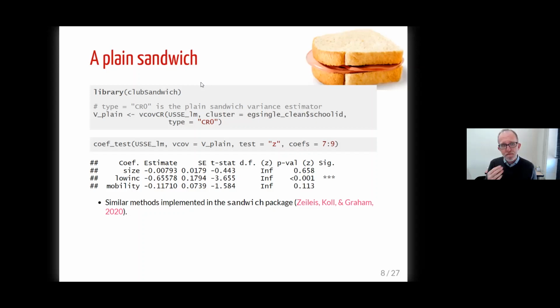Zeileis also, just a couple of years ago, included cluster robust variance estimation methods in that package, and implemented a bunch of other robust variance estimation techniques as well. It's an incredible package. It was really the inspiration for clubSandwich in terms of the internal package design. And so what I'm showing you here is actually nothing special. You can do this with the sandwich package also. What's novel about the clubSandwich package is some of the small sample refinements that I'll get to in a little bit.